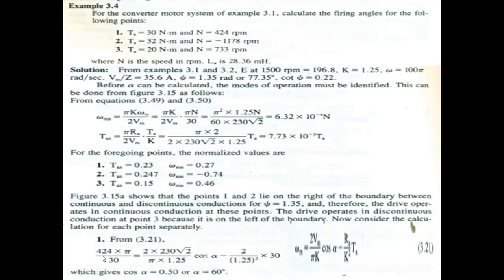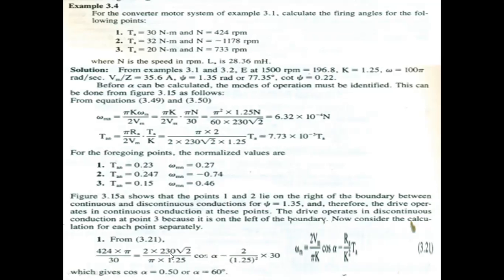So that gives 424 into pi by 30. From that, cos alpha you are getting 0.50. Here see, omega m is equal to 2 Vm by pi into k cos alpha minus RA by k square into 30 TA.